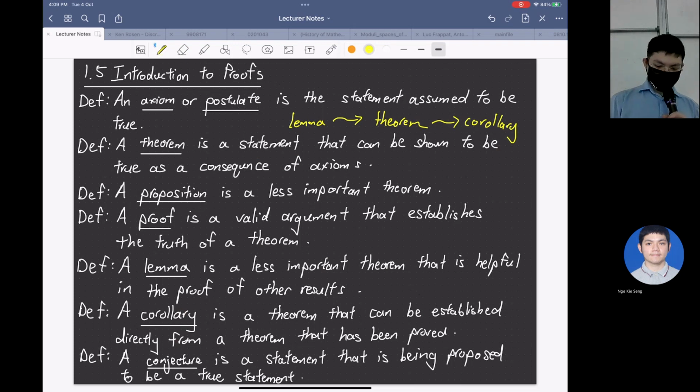How about a conjecture? A conjecture is not proven yet. Maybe you try something and you see that it's always true for the examples that you can verify. So you conjecture that the statement is true, and then you try to prove it. Once it is proven, it's called a theorem. So this one is like an unproven theorem.